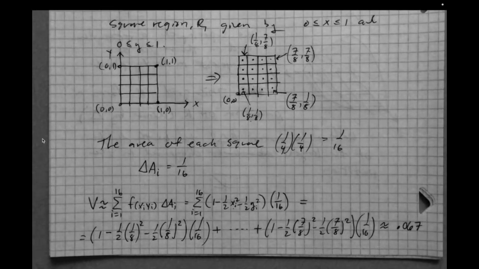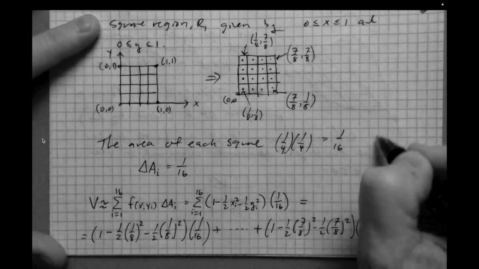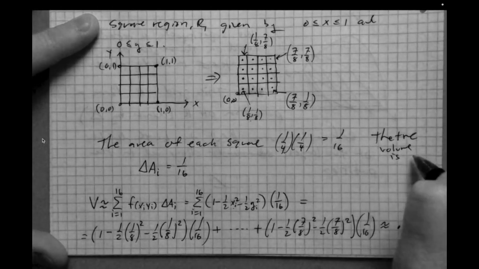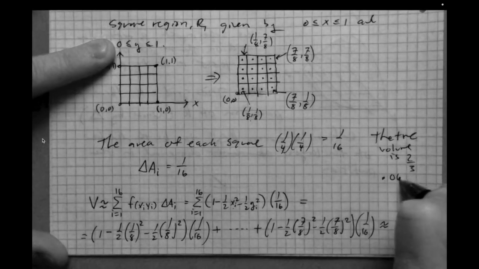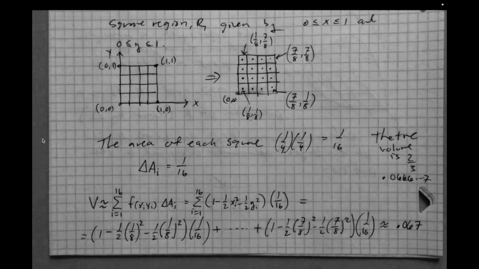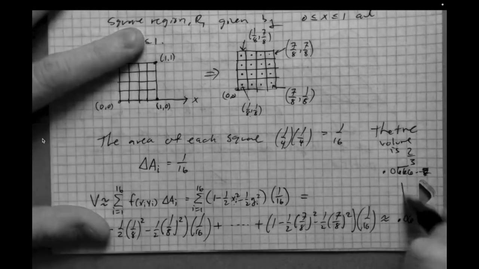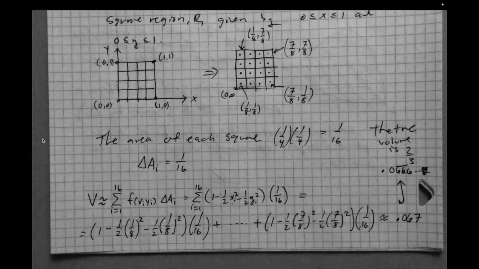Now, it turns out that the true volume is 2/3. Okay, so that's 0.0666, etc. Right? However, you know, to infinity. Right, so just write it like that. There's no 7 there. And so the discrepancy between the two is due to the fact that the partition isn't precise.